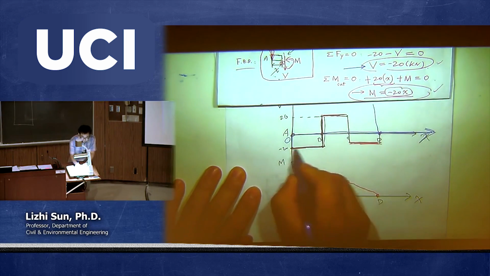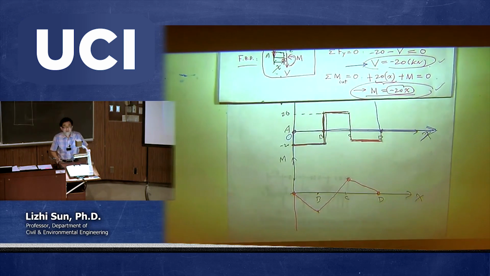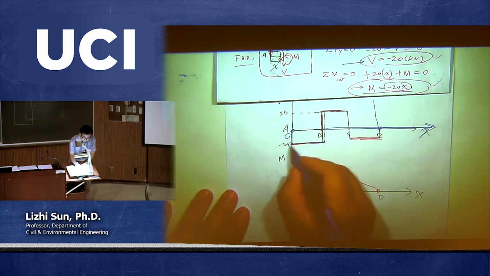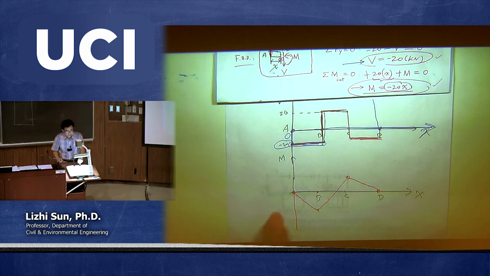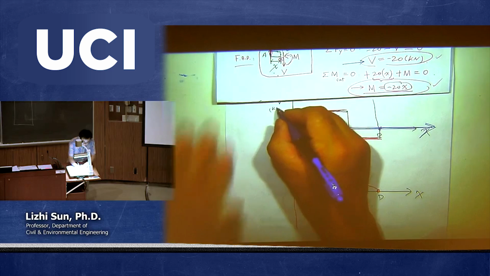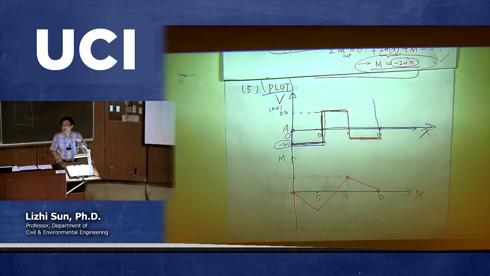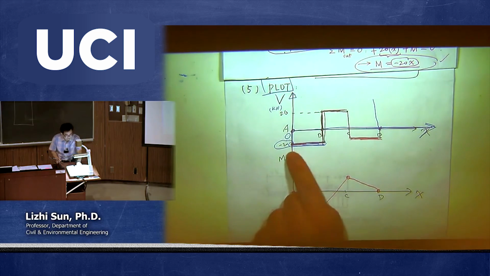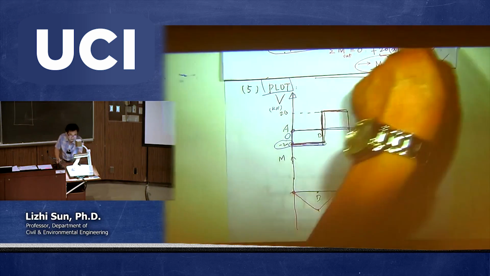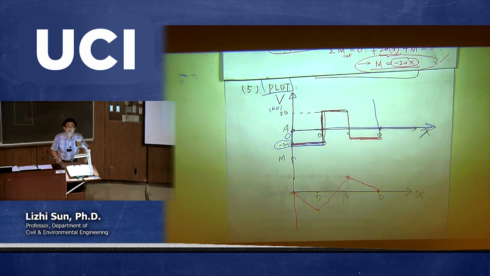It's constant, then you just have to plot a horizontal line, right? Because it's constant this time. So from A all the way to B, that's a constant. And then don't forget to write down -20. And also the unit. Unit is a kilonewton, right? Don't forget to write kilonewton underneath the shear. Okay? So that's the first part. And the reason I plot this one, -20, is because I have my work shown before.